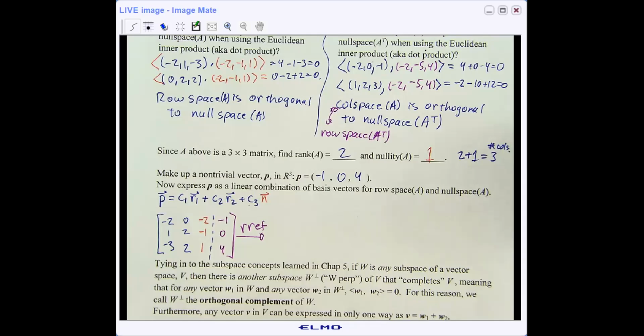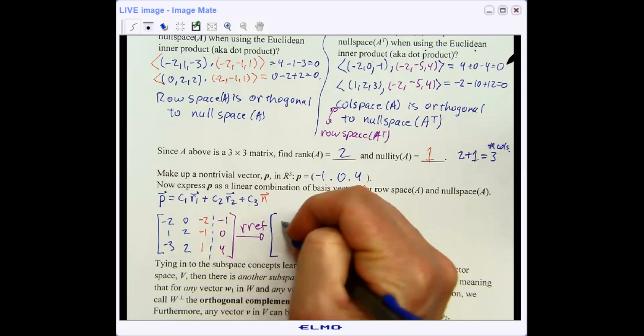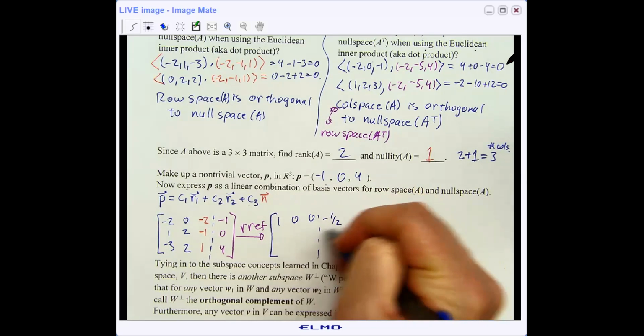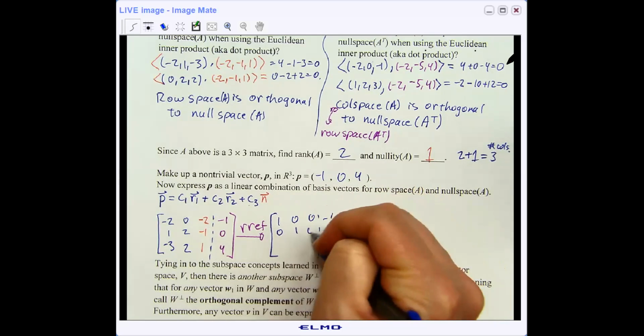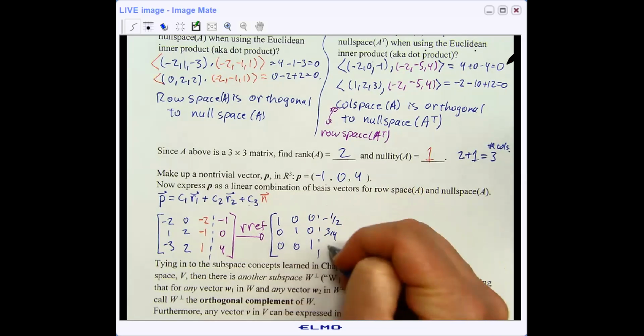So for my P vector here, if I RREF this matrix, I get 1, 0, 0, -1/2, 0, 1, 0, 3/4, and 0, 0, 1, 1.